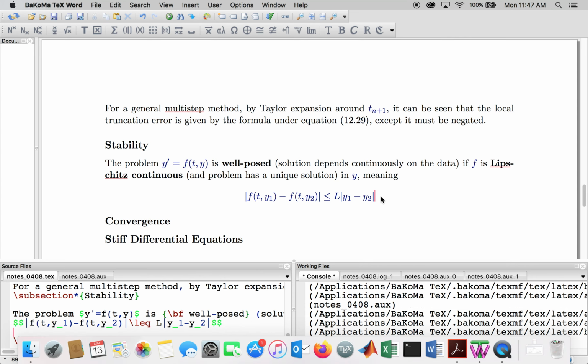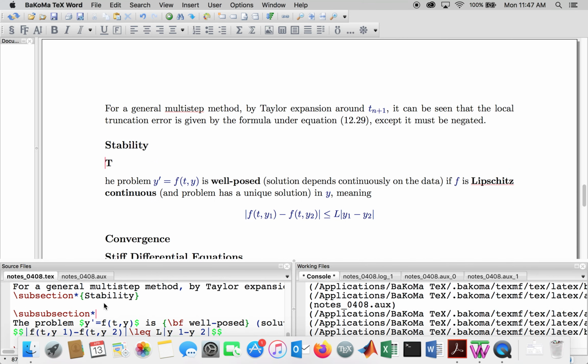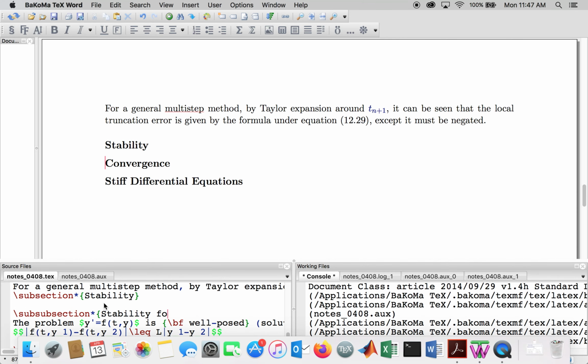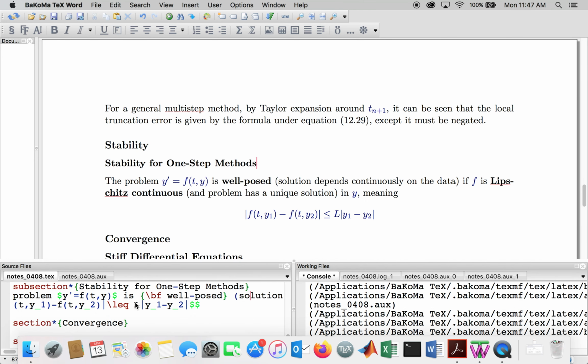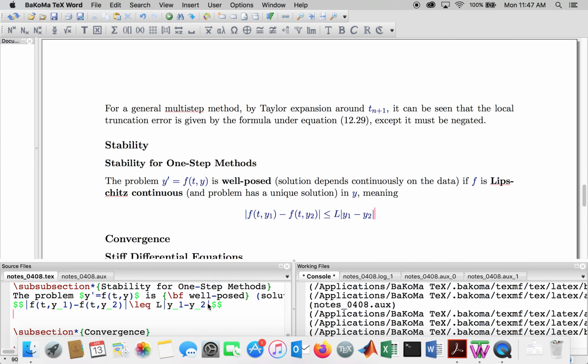So this goes under stability for one-step methods, where I need this Lipschitz condition.